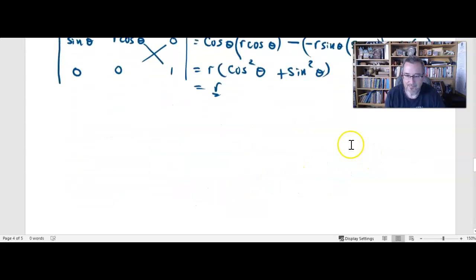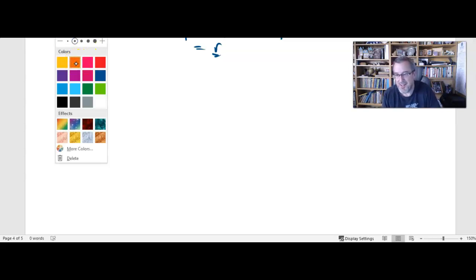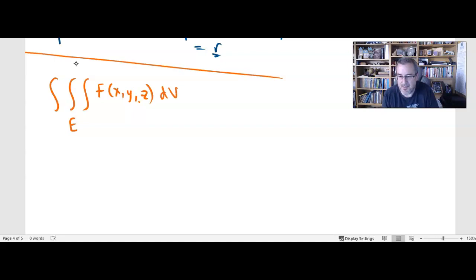Now, let me just change colors for this because I'm actually going to let you do some work. When we went spherical, we had a triple integral over some boundary, some region. We may have had a function in rectangular coordinates and we had a dv. And we converted that. We first had to replace x with its connection.